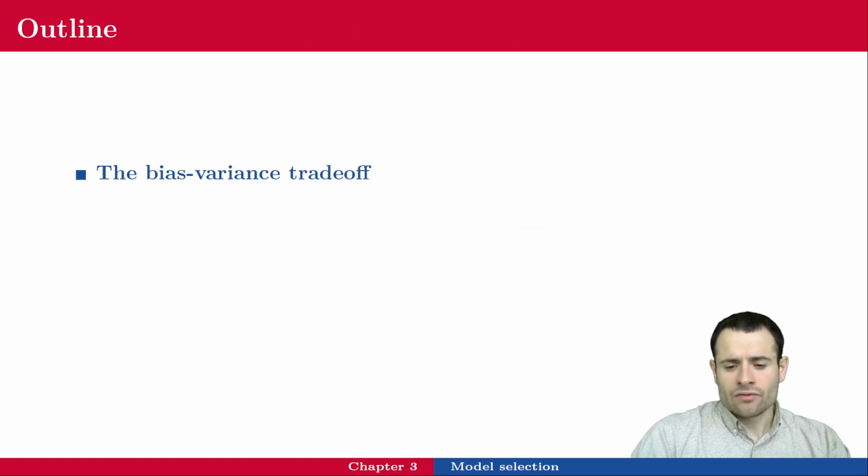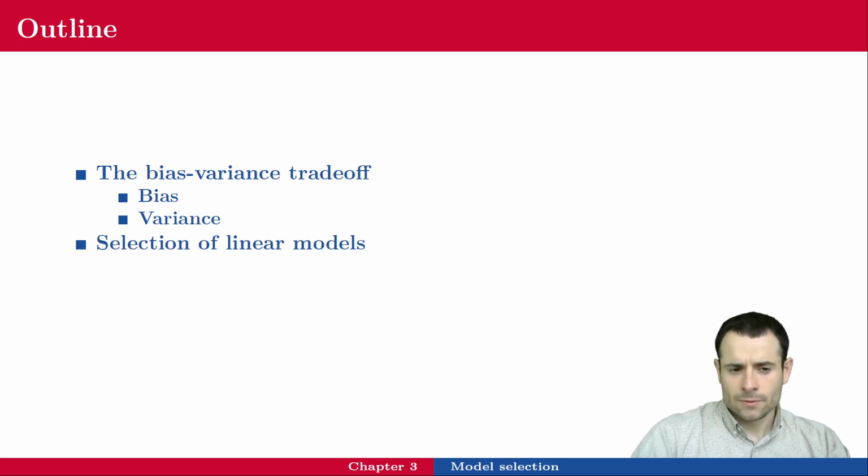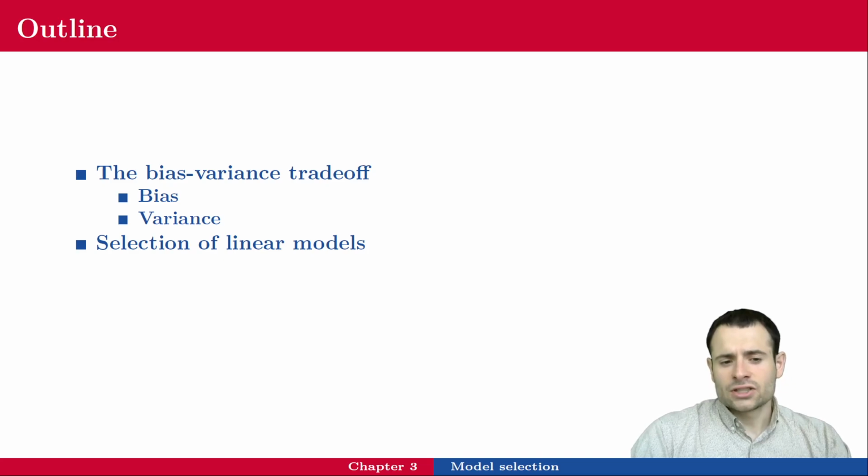So the outline of this lecture will be to talk about the bias-variance trade-off first. This is a very important part of model selection. It is in fact why we need model selection. So I'll cover the bias, then the variance. Then we'll get into the selection of linear models in particular. There have been a lot of different tools designed to select the best linear model.